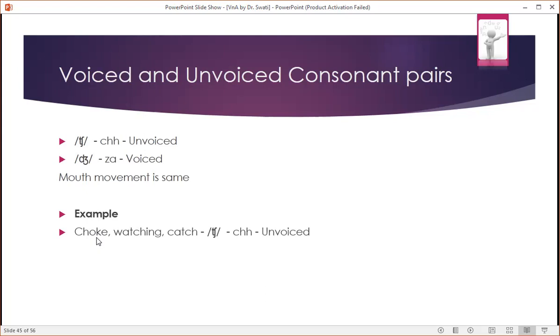Examples: choke, watching, catch. And this one is giving us the J sound: joke, coming from the throat; damage, coming from the throat; large, okay, from the throat.